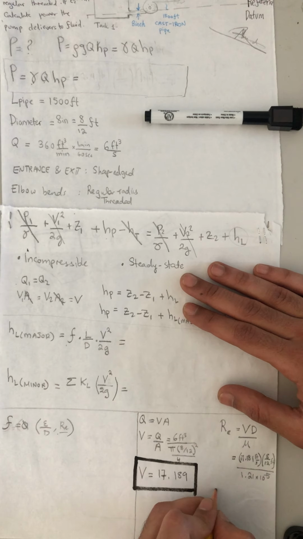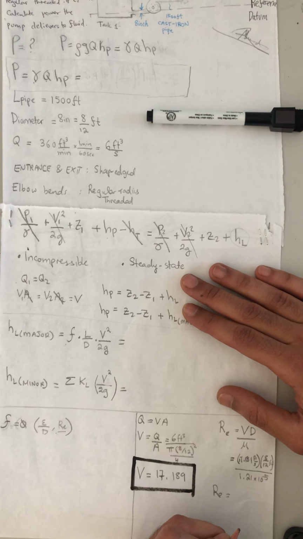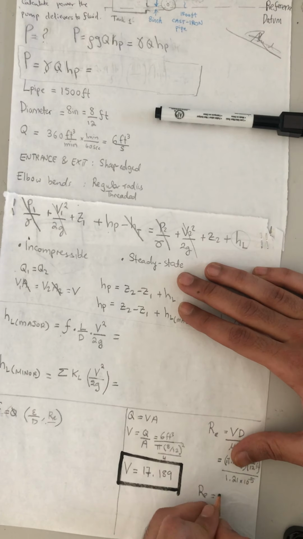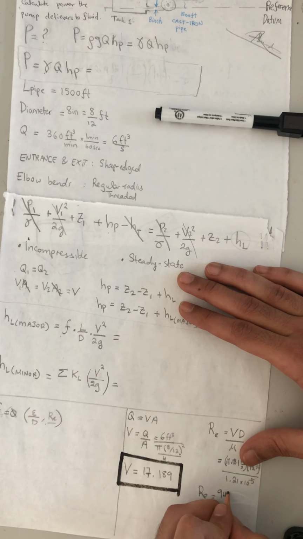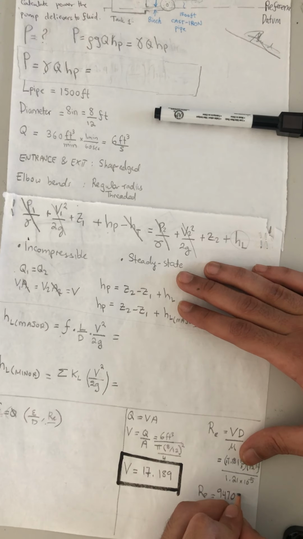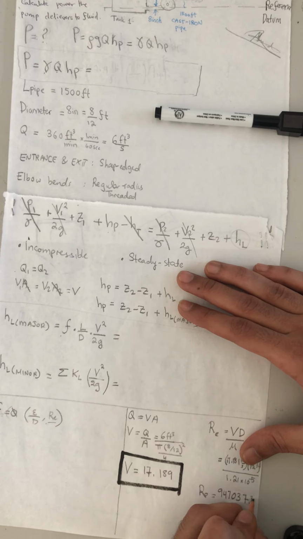Our Reynolds number comes out to 947,037.34.